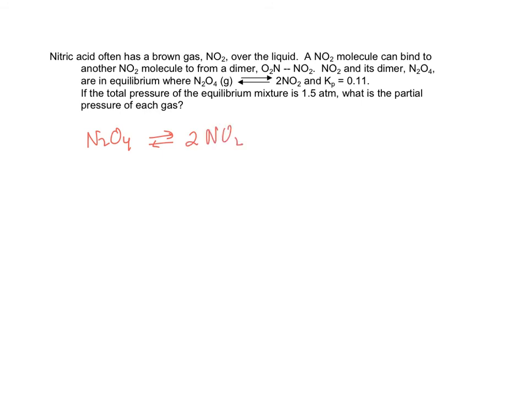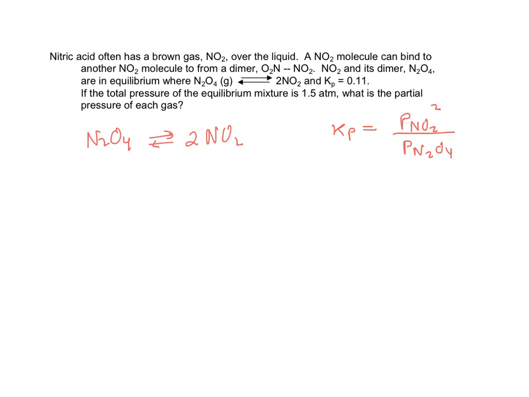Since we're talking about equilibrium and they give us Kp, let's write the Kp expression. It would be the partial pressure of the NO2 squared divided by the partial pressure of N2O4.